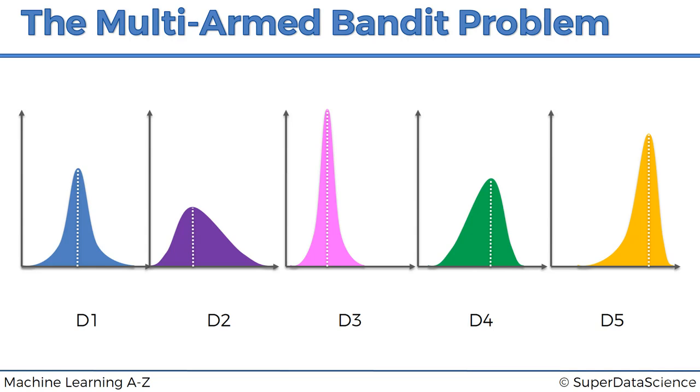So it's got the most favorable outcomes, it's got the highest mean, median, and mode. And if you knew these distributions in advance, you would obviously just go to the 5th machine and bet on the 5th machine all the time, because it's got the best distribution, right? So on average, you would get the best results. But you don't know that in advance, and your goal is to figure it out.